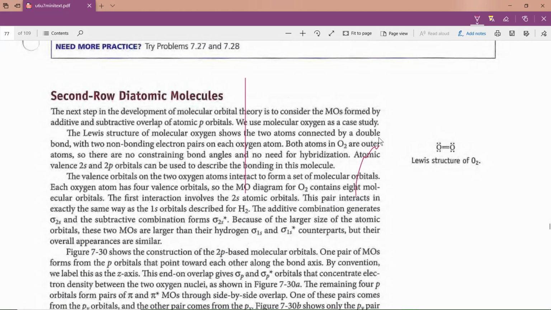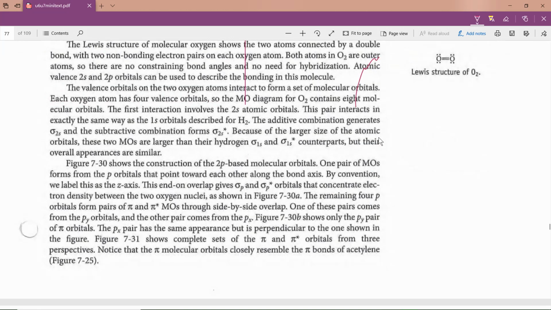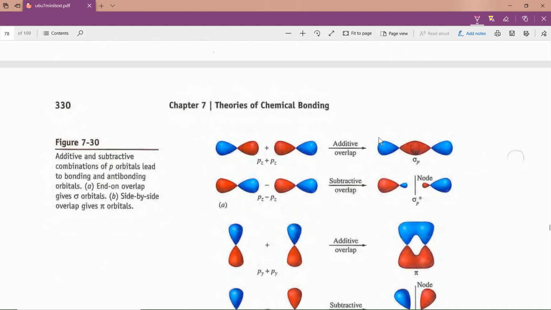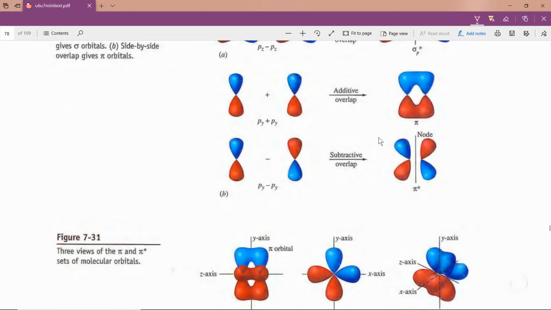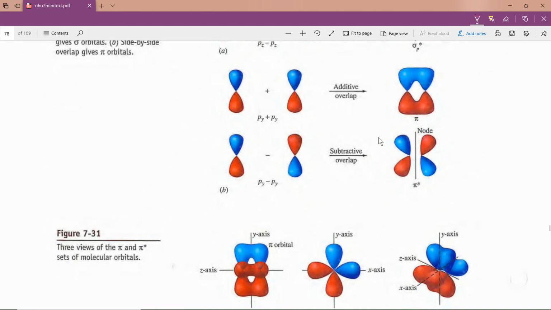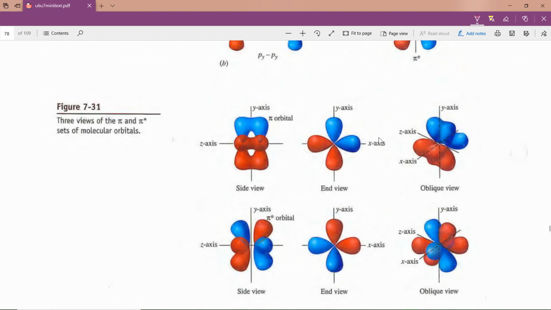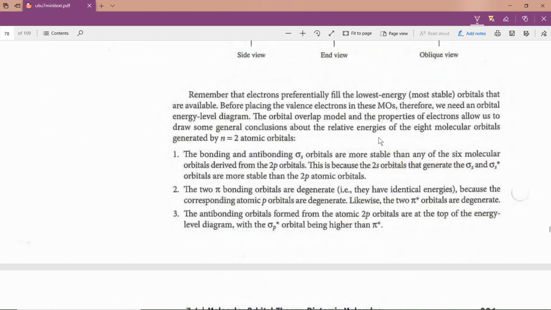They're just describing sort of the build-up on how things happen. But let's get to the nitty-gritty of it all. So you can have p orbitals going head-on or side-on, and you end up with different overlaps. And we're going to draw a chart in a minute.